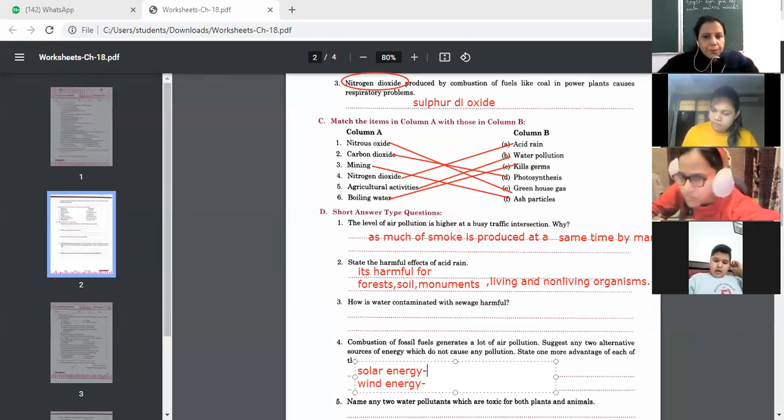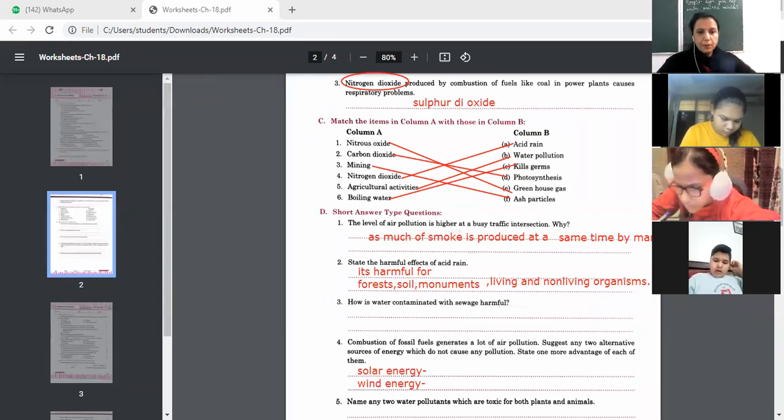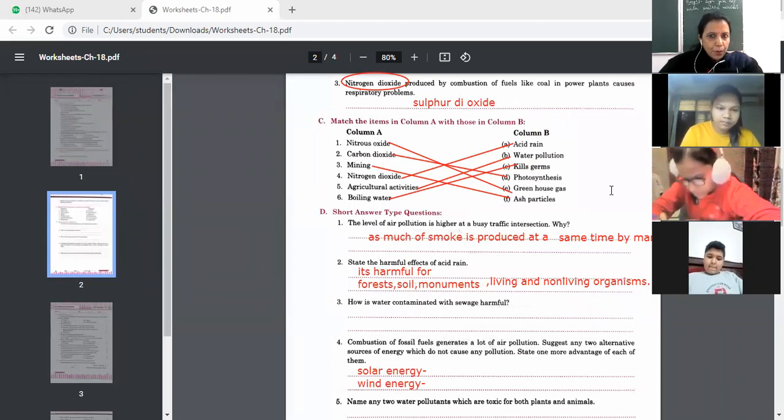What is the advantage if we are switching to solar energy? You must have seen many of the appliances we are using that are made up of the sun's energy, even solar cooker, solar panels, solar heaters. Is there any advantage of it? Solar energy, wind energy. Why are we switching to the alternative sources?